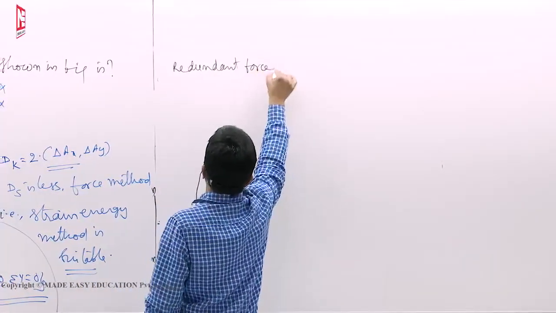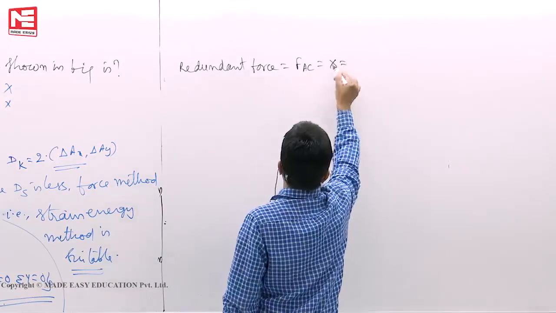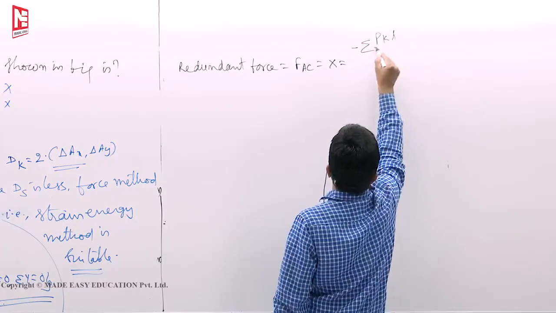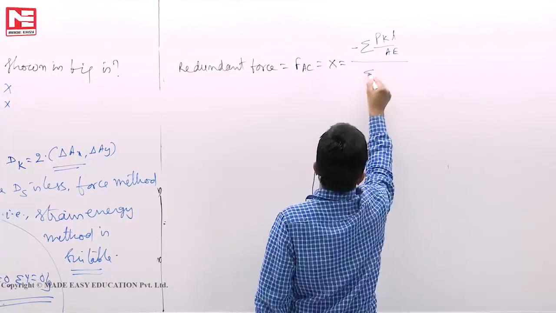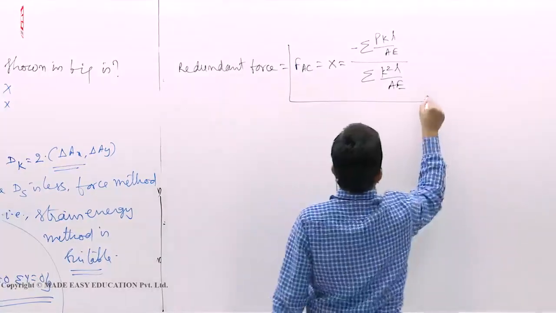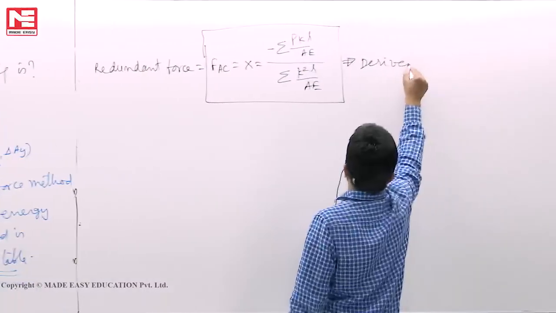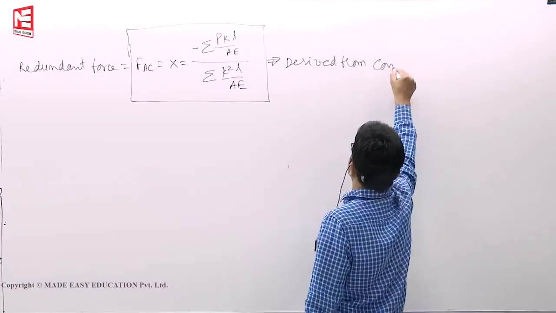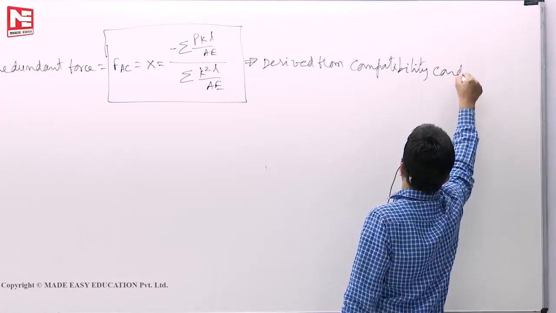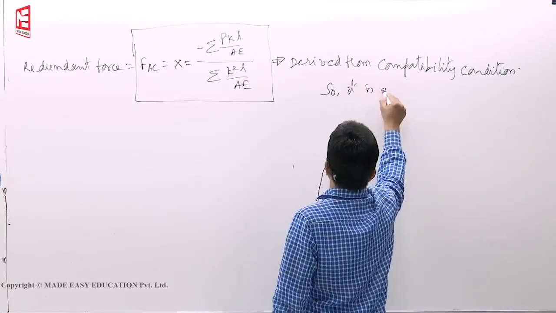Redundant force, FAC, let us call it X, is equal to minus summation of PKL by AE divided by summation of K square L by AE. This is one formula we derive from the compatibility conditions. So, it is a force method.